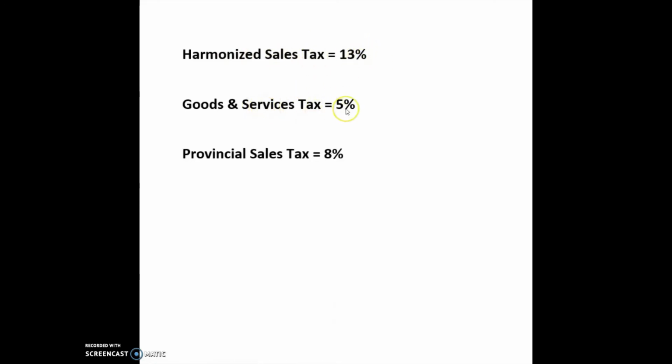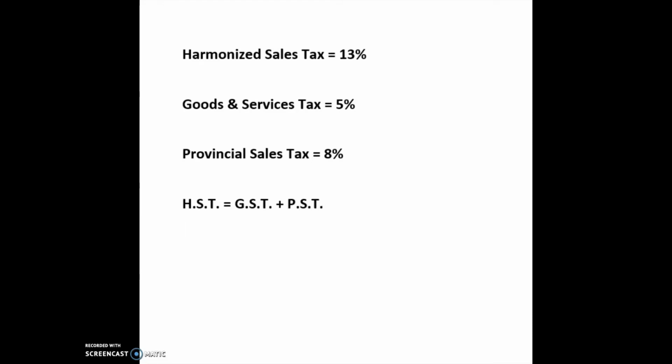Goods and services tax, which is GST, is 5%. Provincial sales tax, which is PST, is 8%. And just to review, HST equals GST plus PST.